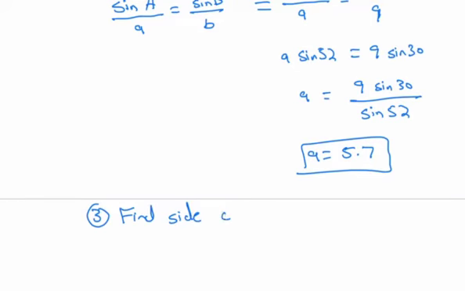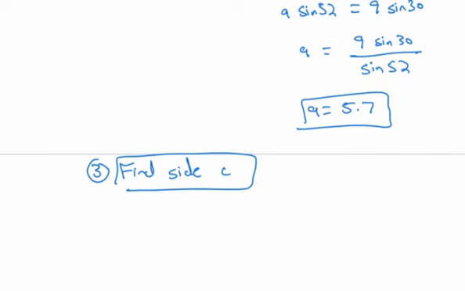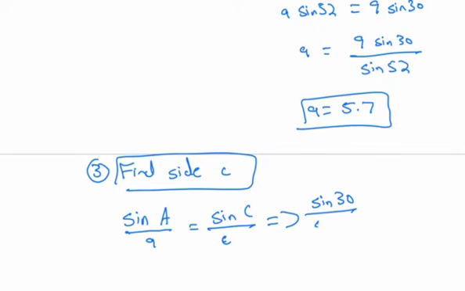Find side C. So, I like alphabetical, so I'm going to start off with sine of angle A over A, and that's going to equal the sine of angle C over C. So we've got all this information except for this part right here. So let's go and rewrite this. Angle A was 30, so I've got the sine of 30 over side A, which is 5.7. We just calculated that.